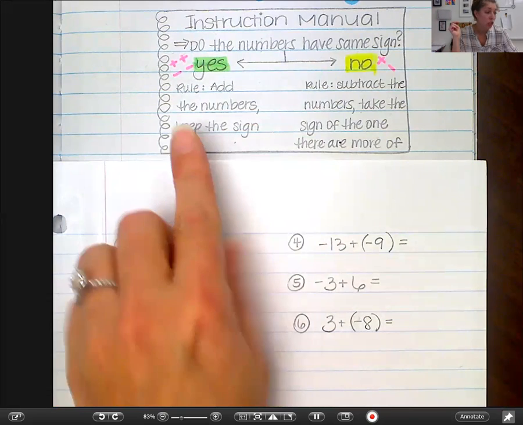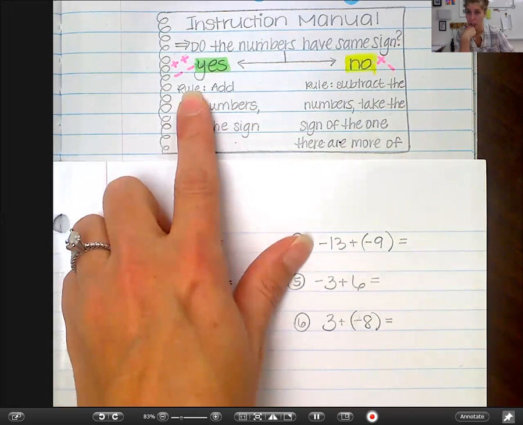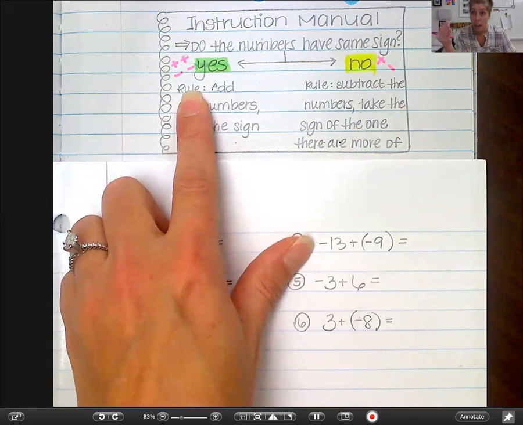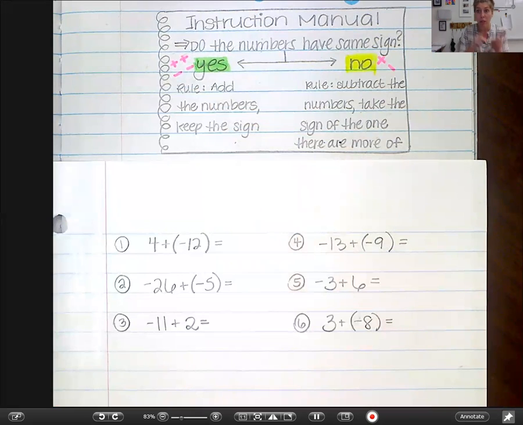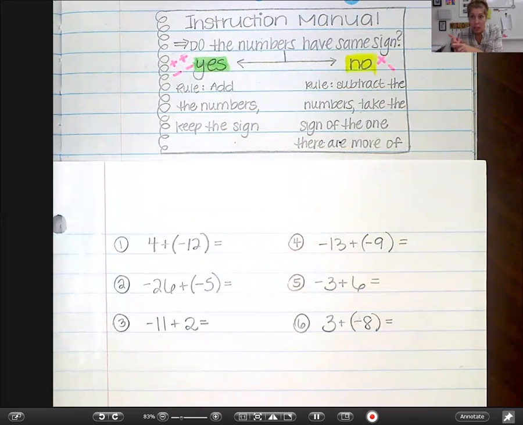If I had two negative numbers, for example, -2 and -4, if I thought about them on a number line, I'd go negative, then I'd go a little more negative, right? Or if I had algebra tiles, I'd have 2 negative tiles and 4 negative tiles, and I would add those tiles together to get 6 negative tiles.